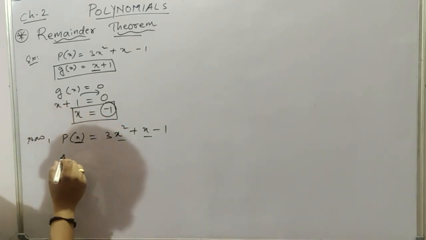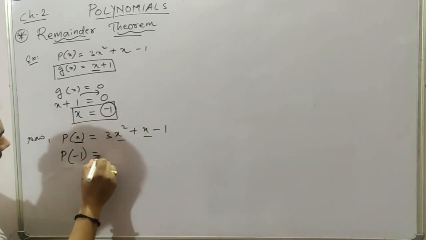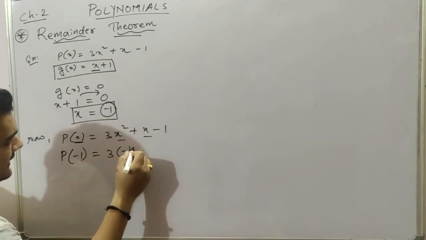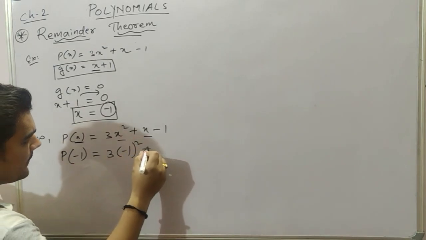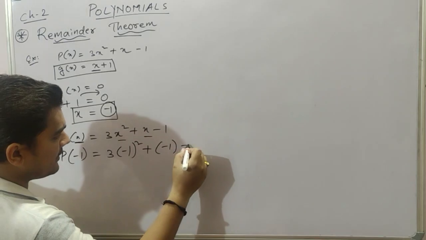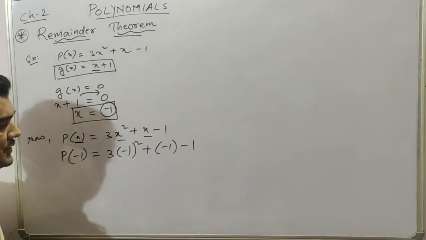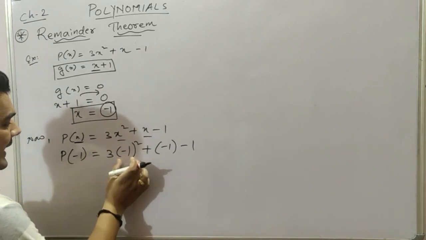Substitute the value: p of minus 1 is equal to 3 into (minus 1) raised to square plus (minus 1) minus 1. Always remember, whenever you are substituting any value, use brackets.